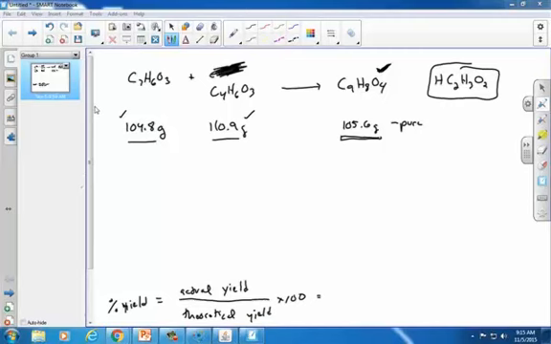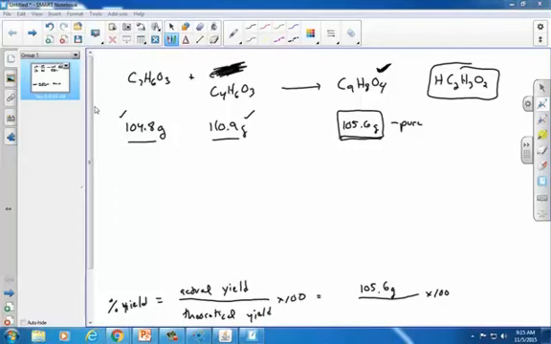So I've already got actual yield. It's telling me the amount I collected. That's the question. It tells me the actual amount of the aspirin that I made. So I can just plug that in right now if I want. Now I just need the theoretical yield, so I can divide and then multiply by 100.